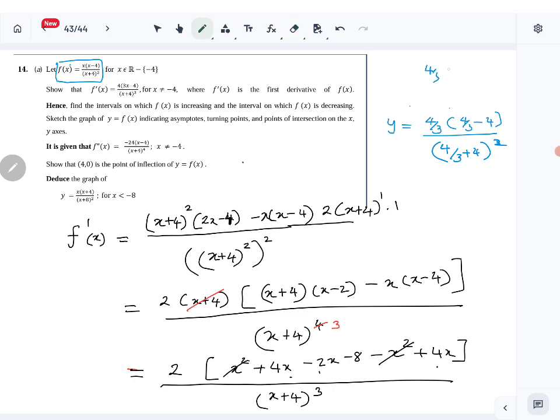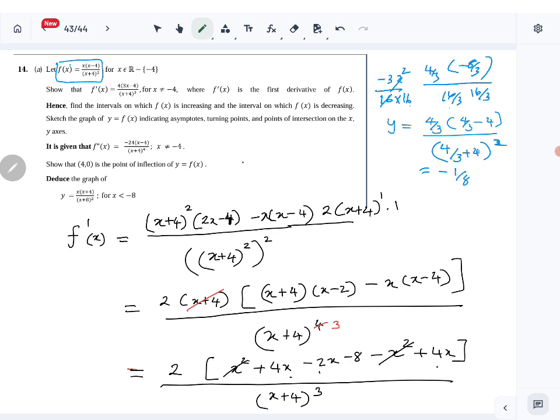4 over 3 times minus 8 over 3. In the denominator we have 16 over 3 times 16 over 3. So the 3's cancel, minus 32 over 256, so minus 1 over 8, right?